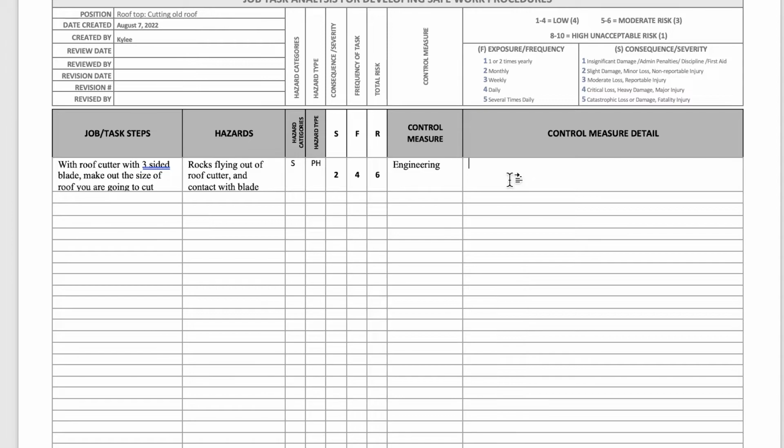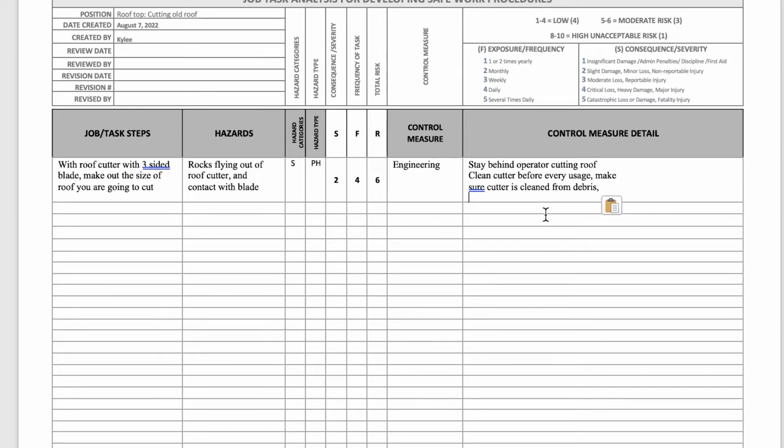And then we go into more detail within the controls we are using to reduce the risk involved. So for this one in particular, we are going to say that if you are not the operator cutting the roof, then you should be staying behind that operator so as to avoid any debris that could be coming off of the cutter.